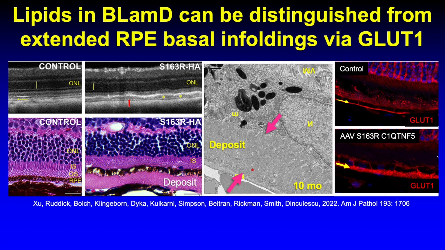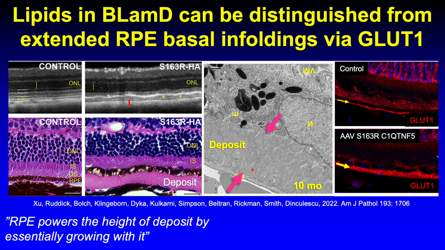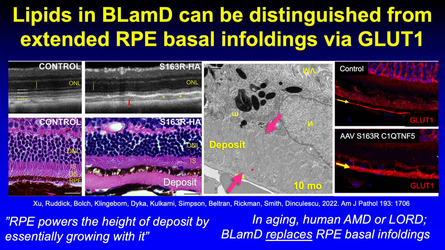Immunofluorescence for the GLUT1 transporter, a signature basal infolding protein, is expressed throughout the deposit. To quote Astrid Dinculescu, the RPE powers the height of the deposit by essentially growing with it. And this contrasts with aging human AMD and LORD, where the basal laminar deposit replaces the RPE infoldings.